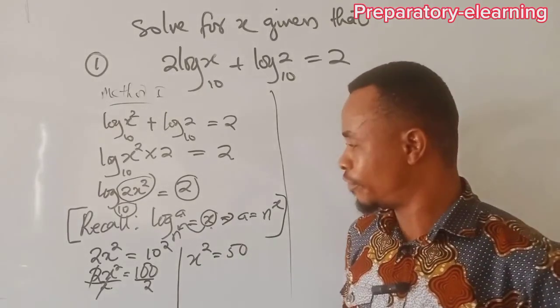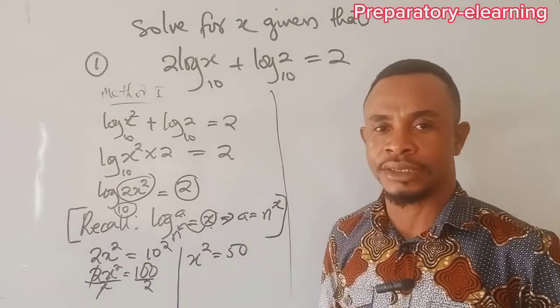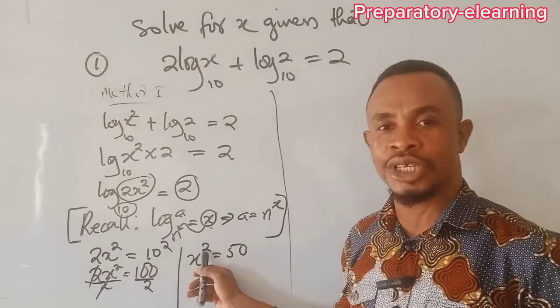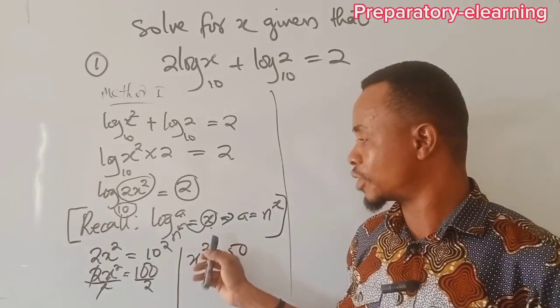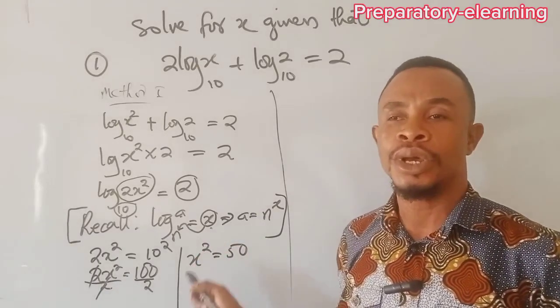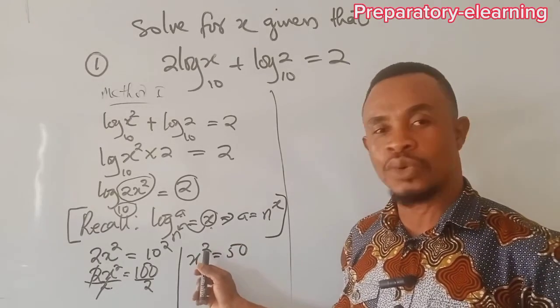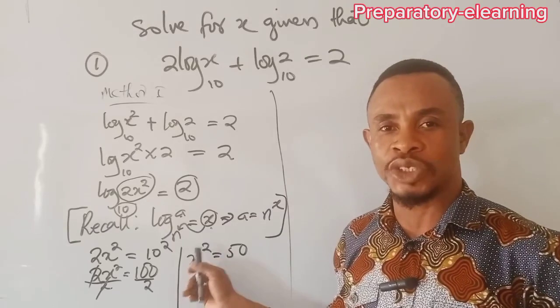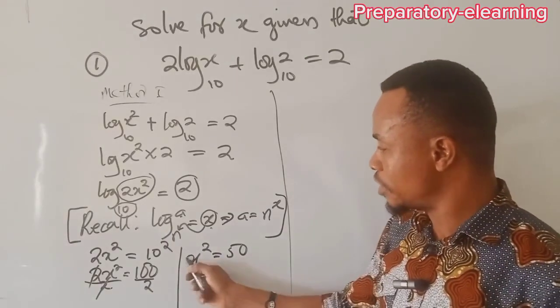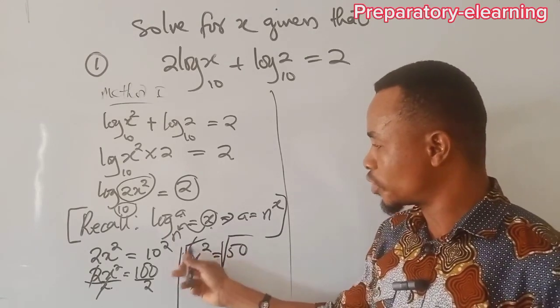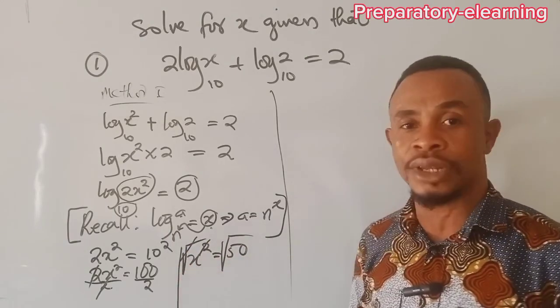How do you remove this square from x so that x can remain alone? If it was power 3, which is cube, what do we do to remove this power 3? For example, we take the cube root of both sides. So because it is square here, we take the square root of both sides. So taking the square root of this side and taking the square root of this side, you can see square root and square cancel out.